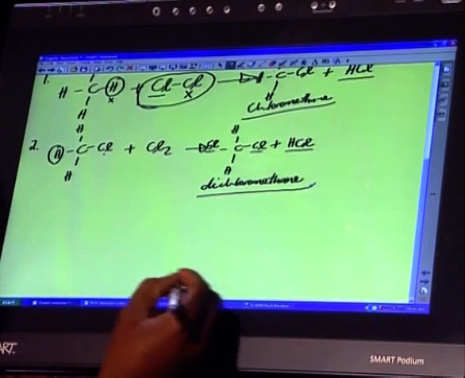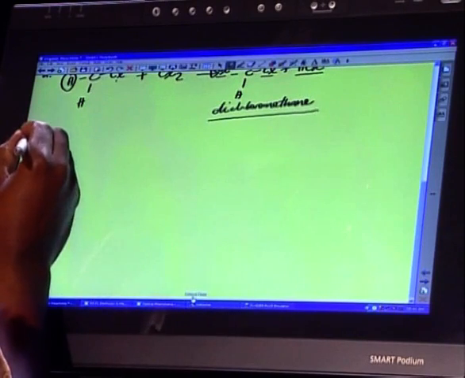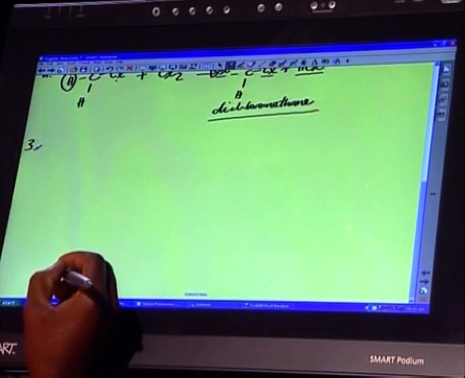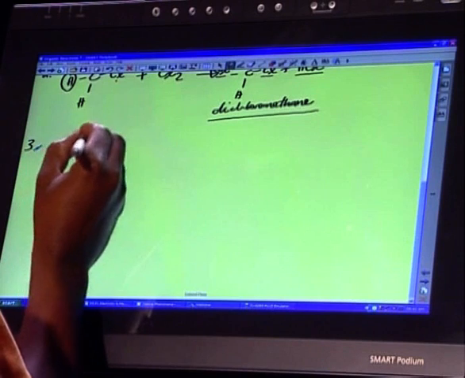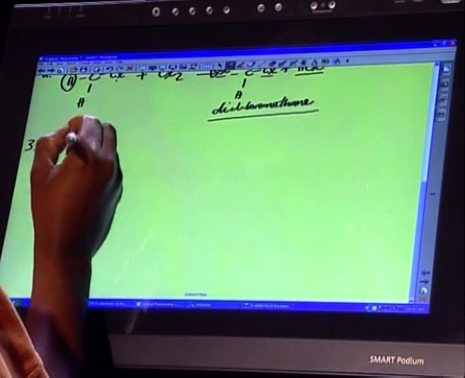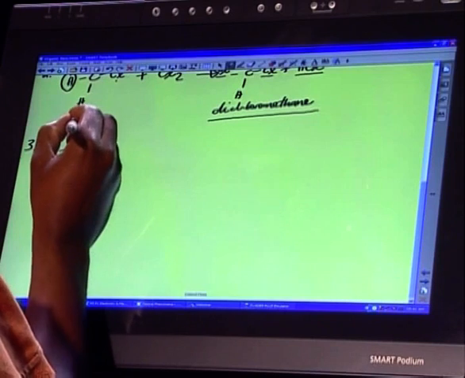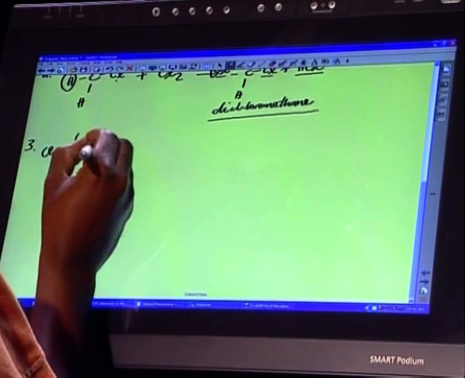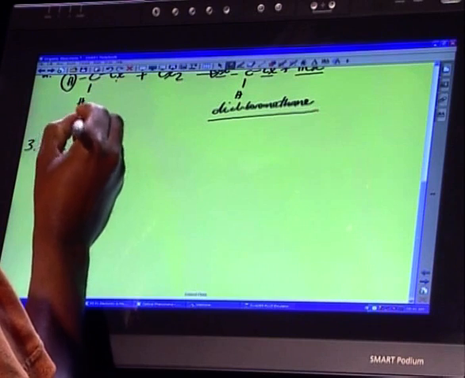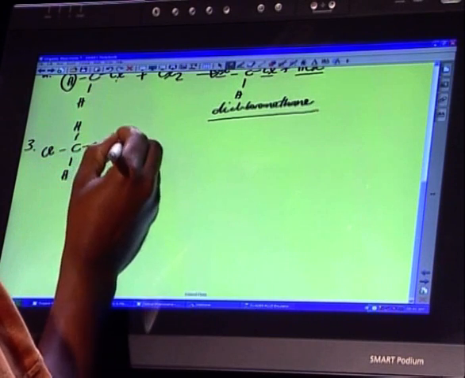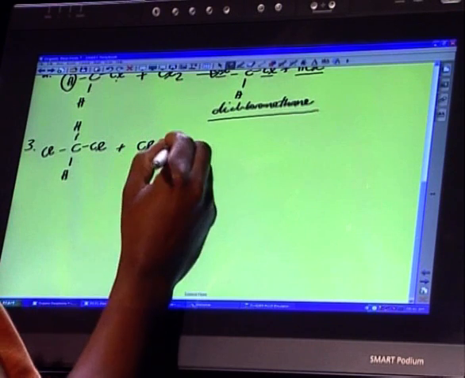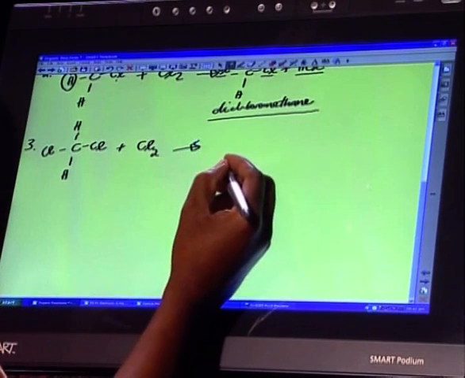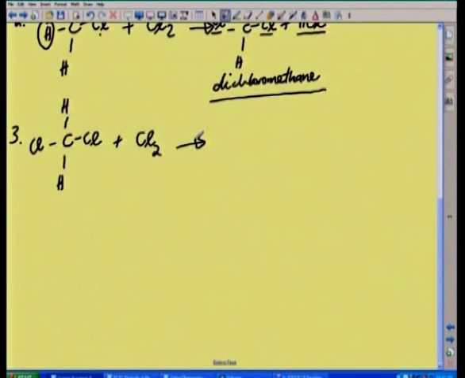Okay, let's move on. The third one, we need to show how trichloromethane is formed. To go there, we start from dichloromethane. So we're starting from this one. Starting from this one here, dichloromethane. We're adding chlorine to it. By now, you should be quickly able to show what is going to happen.